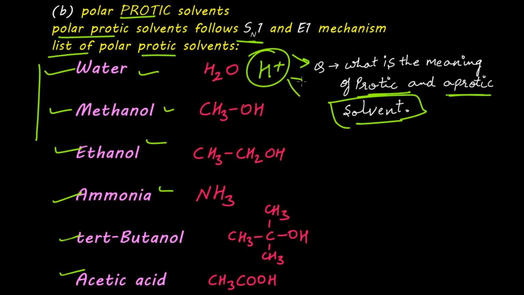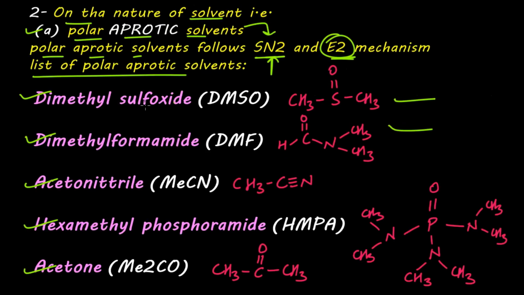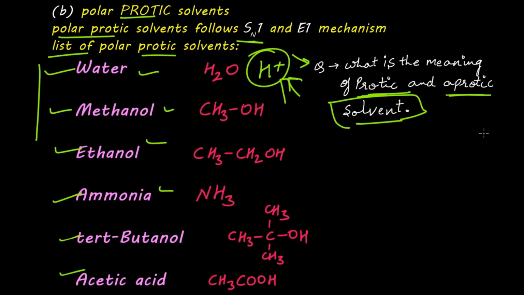Since they are giving a proton, we call them protic solvents. Now if you look at the previous list, all these examples are not able to give H+. These will not give H+, right? So they are polar aprotic. These can behave as solvent, but they are not providing H+ ion. So that's why we call them aprotic. So polar aprotic solvent will give SN2 mechanism and polar protic solvent will give SN1 mechanism.